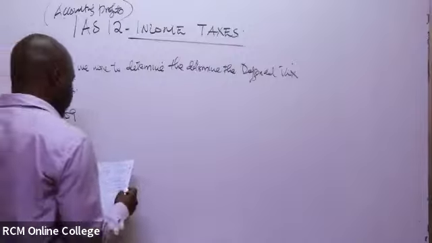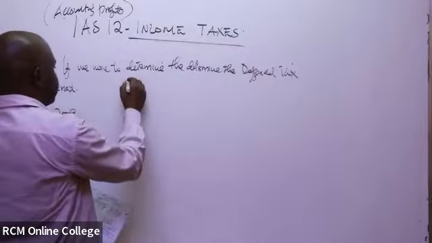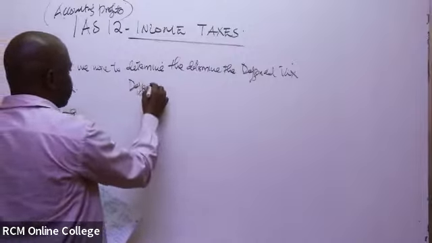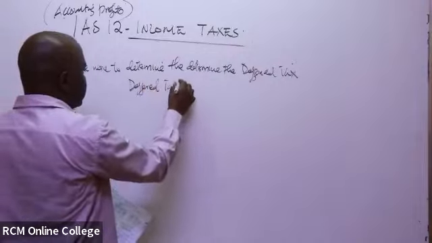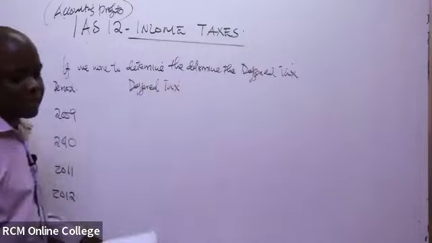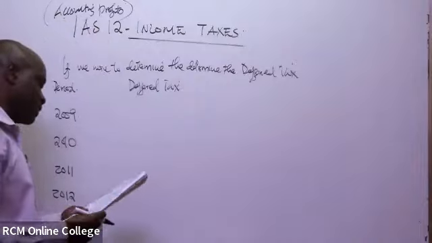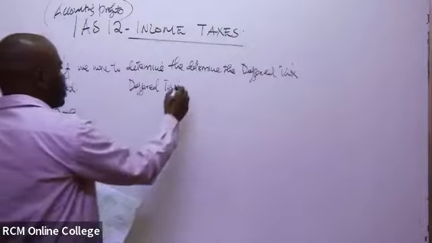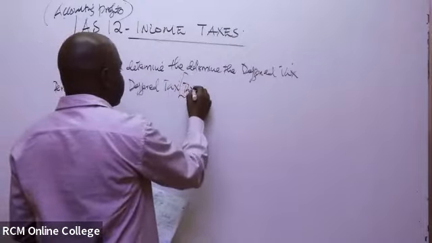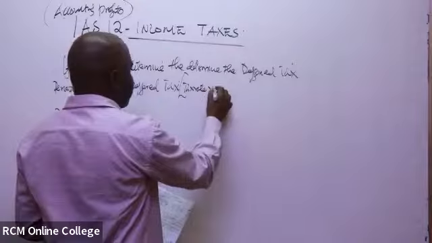So directly the deferred tax, remember this as I indicated earlier, you simply take the tax rate multiplied by the temporary difference. So this will actually basically be the tax rate multiplied by the TD.